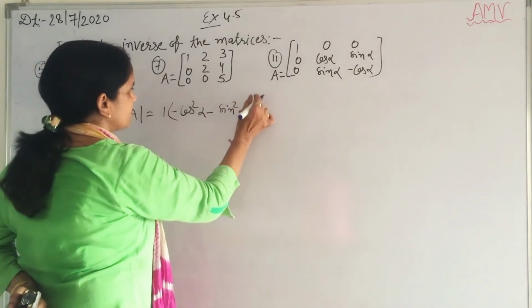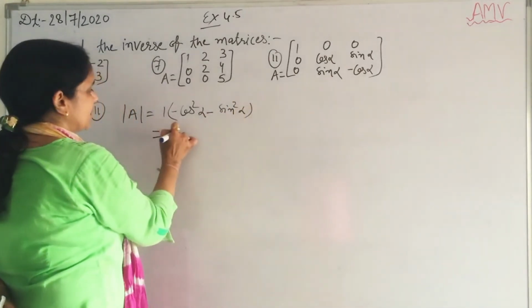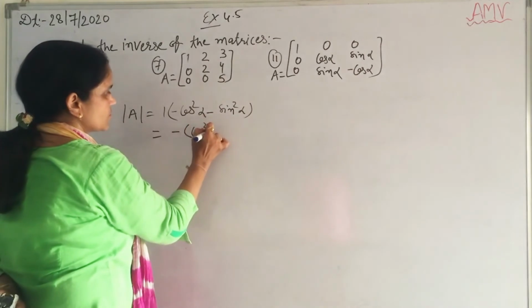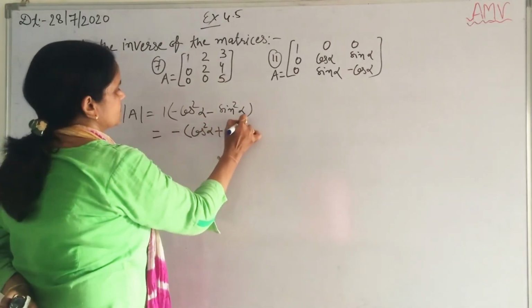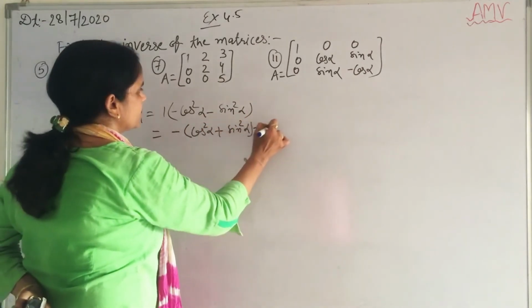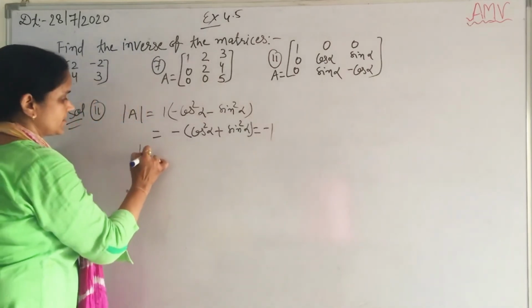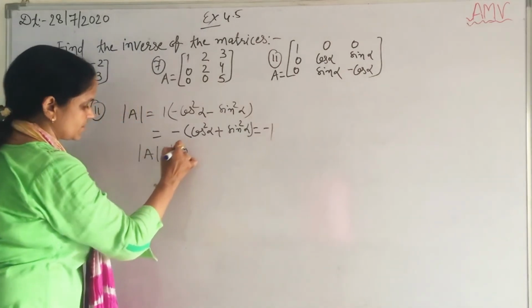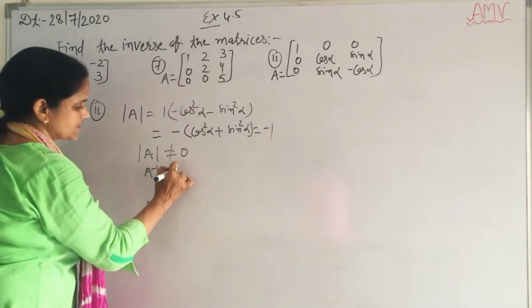So sin square alpha. Okay. And minus take common, cos square alpha plus sin square alpha. We will get minus 1. So here the determinant of A is not equal to 0. A inverse exists.